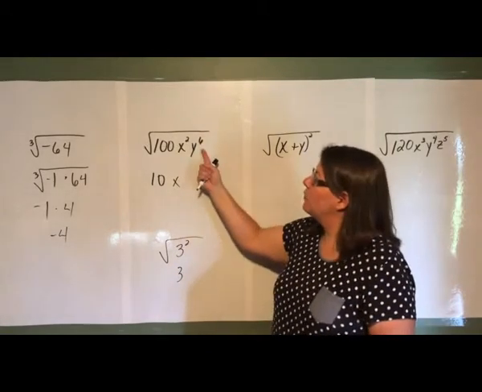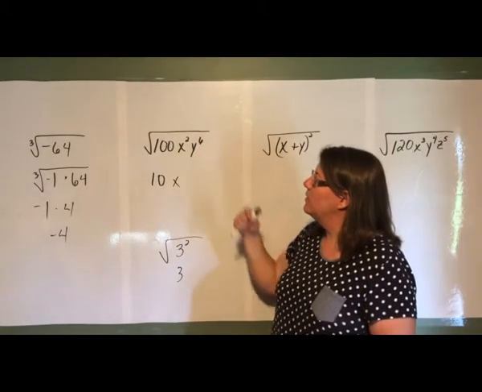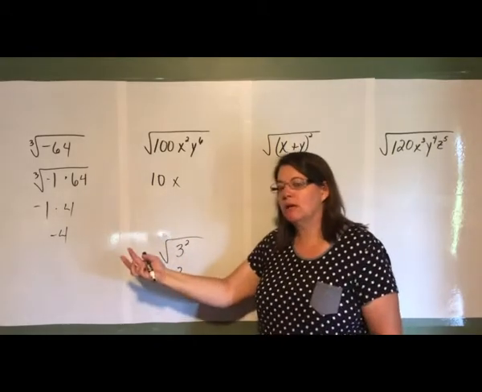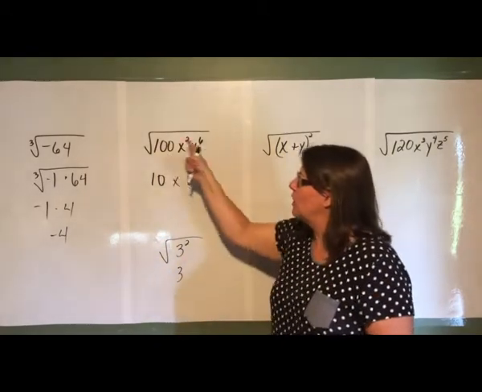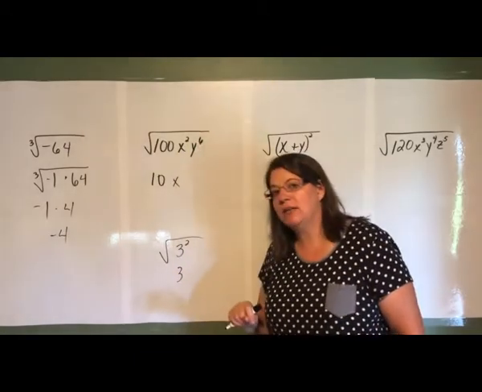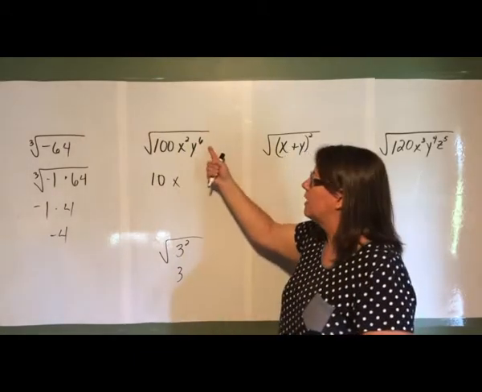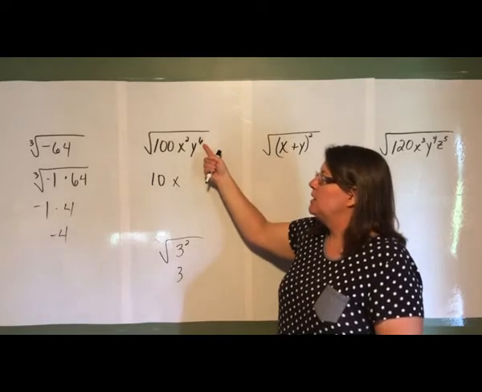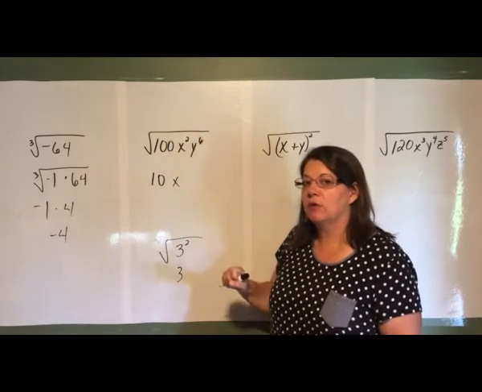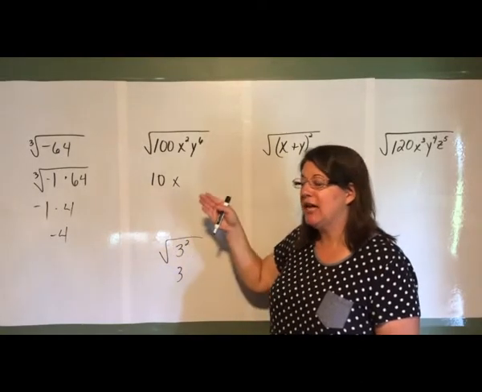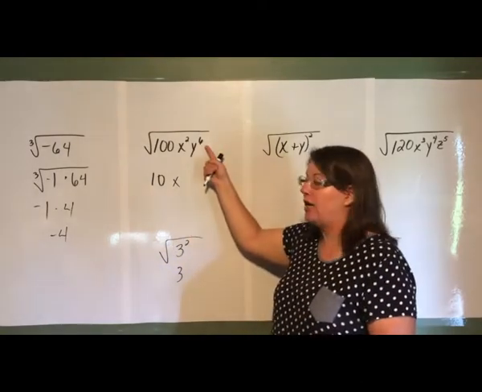And then for the y to the 6th, well, think back to when we reviewed multiplying monomials. We said that if we're taking the square root of an even exponent, then what can we add to itself to give us 6? Well, it was 3. Y cubed times y cubed is y to the 6th.